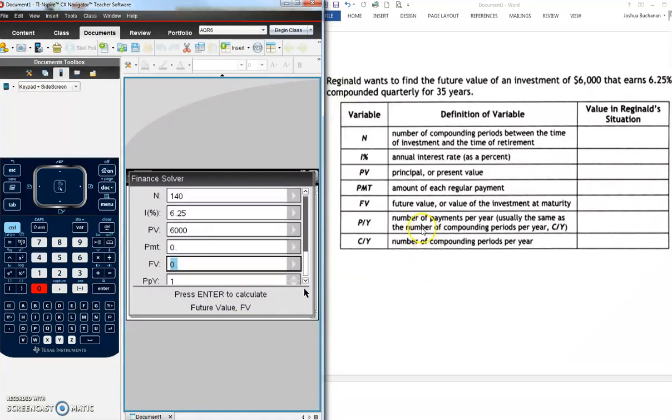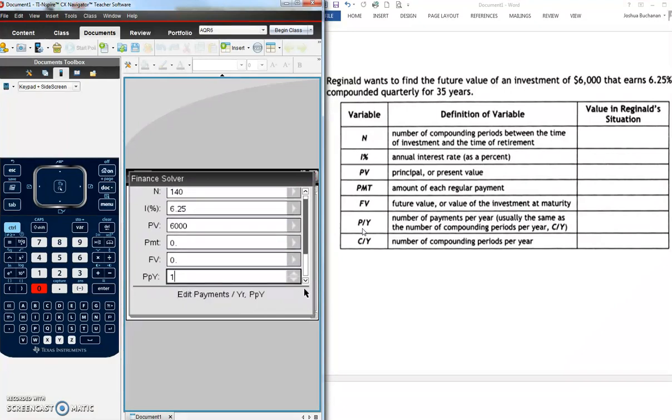The bottom 2 parts of this chart ask for the number of payments per year, which is usually the same as the number of compounding periods per year. Well, there's no payments, so that means it's going to be the same as the number of compound periods. Well, there are 4 compound periods each year.